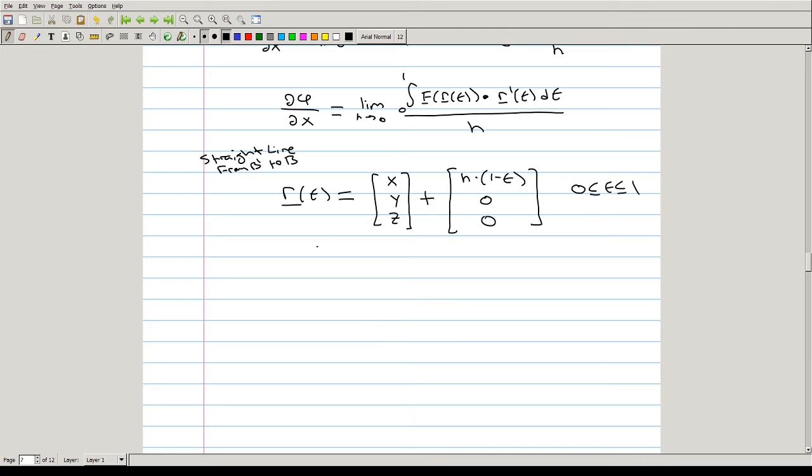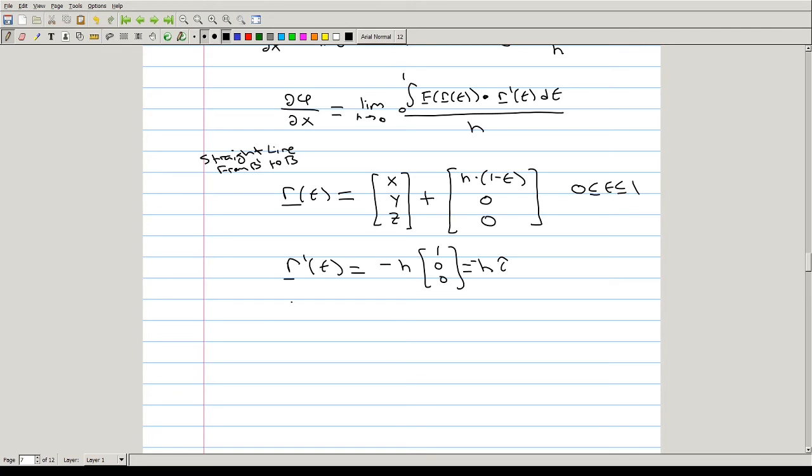Not only that, but we can calculate the tangent vector to this line, r prime, relatively easily, taking the derivative here, which gives us negative h times 1, 0, 0, or negative h times i hat.